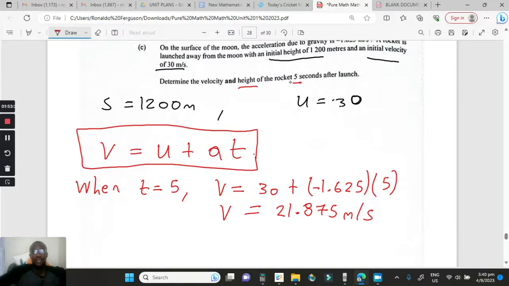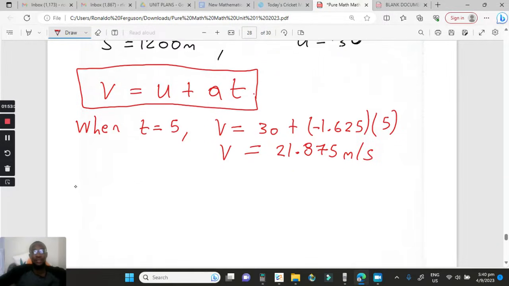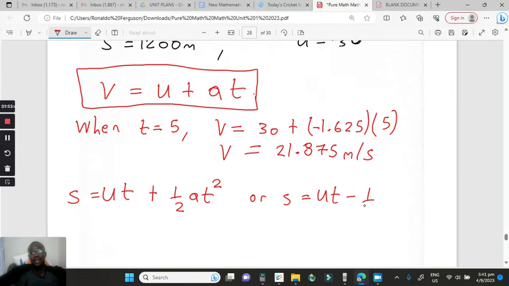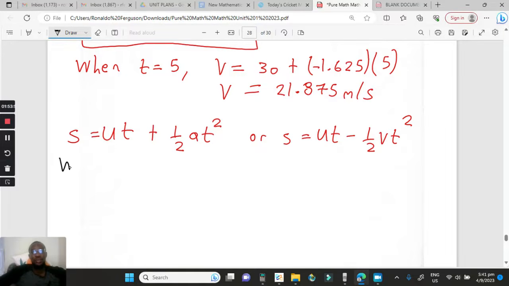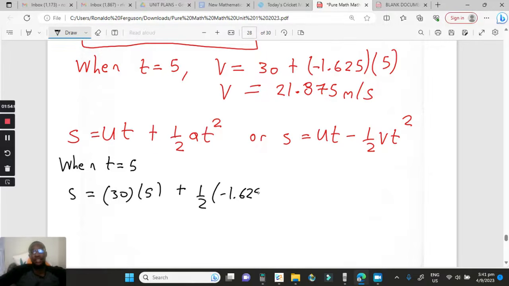Now, we need to find the height when t is 5. First thing we know is that the distance is equal to ut plus half at squared, or you can use s equal to vt minus half at squared. You can use whichever one you want. So when t equals 5, s equals 30 times 5 plus a half the acceleration, which is negative 1.625, times 5 squared.